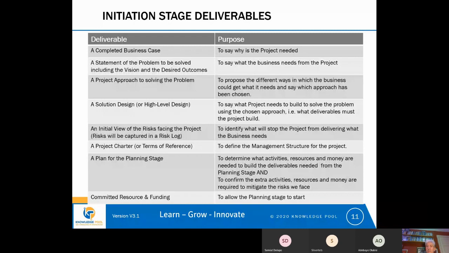That would be the basis of a solution design or a high-level design. And it's really from that solution design that we discover finally all the deliverables that the project needs to build in order to solve the problem. Because it's our solution design that says what we need, and the project will build those things we need as its deliverables.